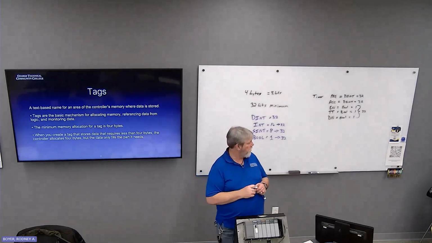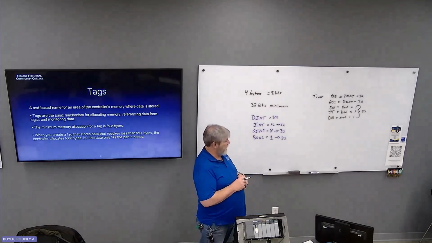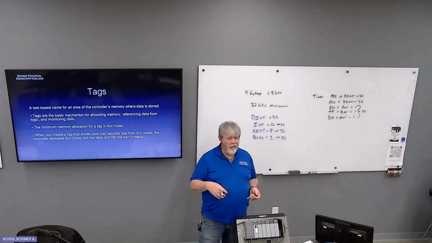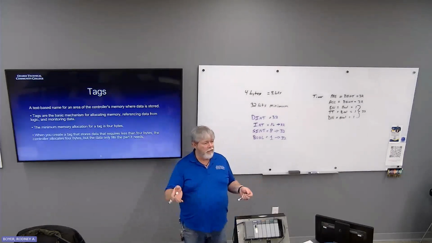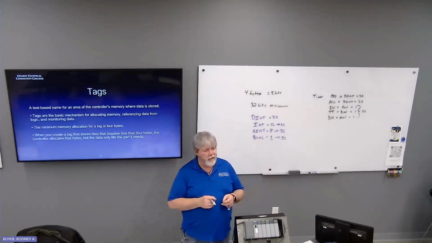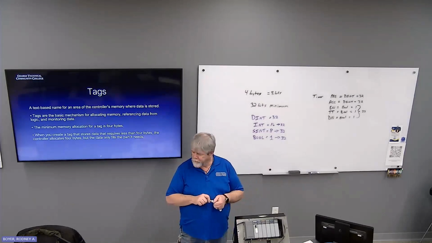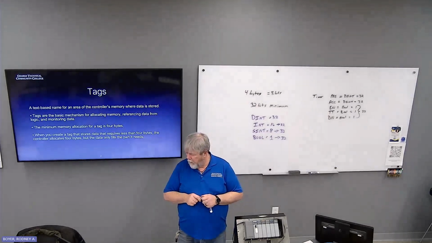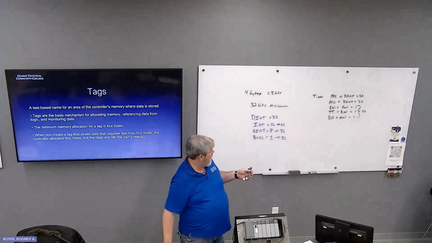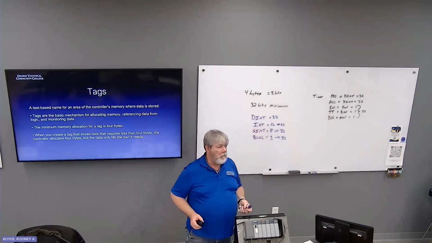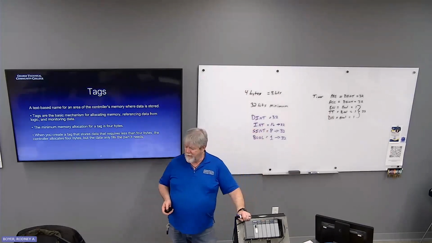Same thing with counter, with count up, count down, overflow, underflow, all that kind of stuff. So that's the whole point of that. Minimum is 32 bits.